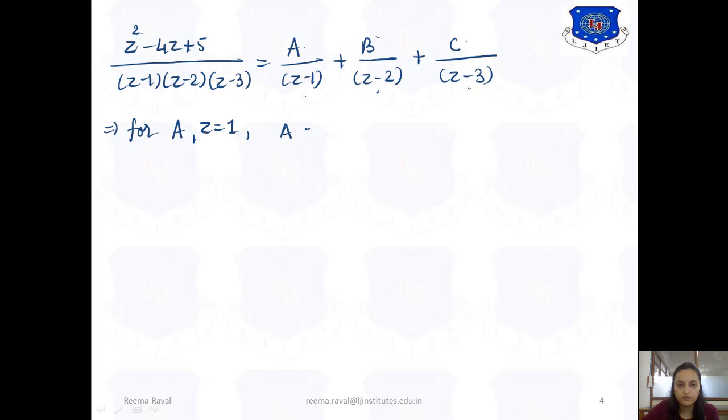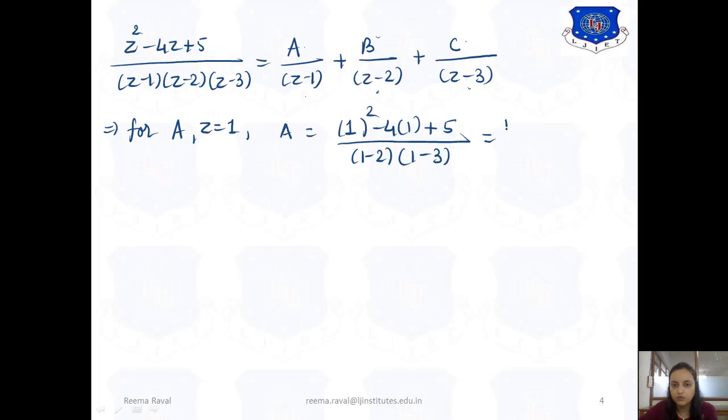So we will get A equals 1 squared, that is 1, minus 4 into 1 plus 5 divided by, as we have taken z equals 1, so we are not placing this factor over here because this will be cancelled out. So this will be (1 − 2), then (1 − 3), right?